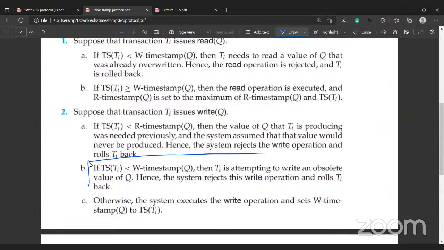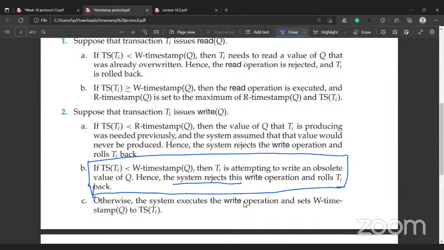If the transaction timestamp of Ti is less than the write timestamp of Q, then in the timestamp protocol the system rejects the write operation, but in the Thomas write rule it will be ignored and we move on, right?